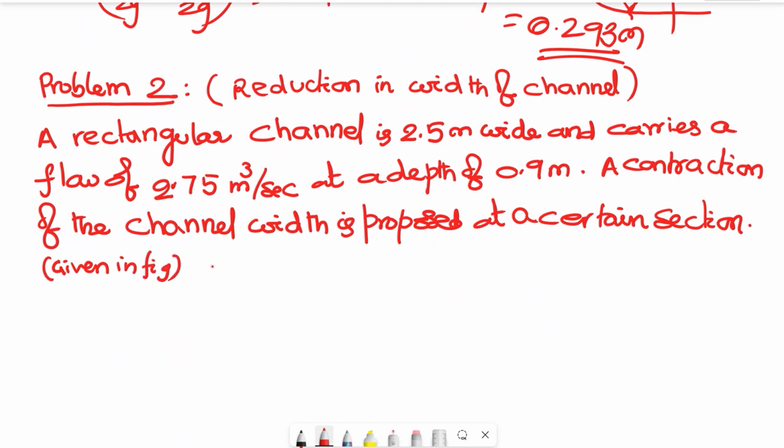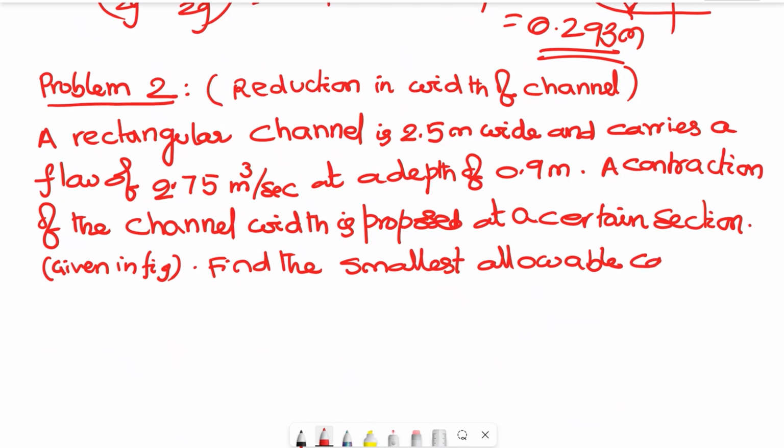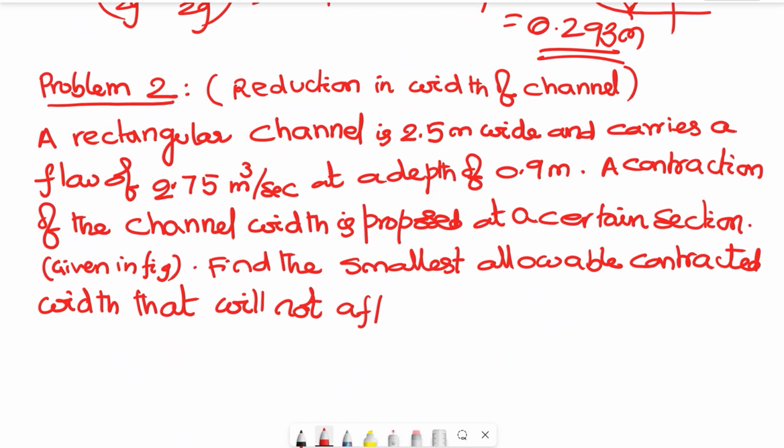Find the smallest allowable contracted width that will not affect the upstream flow conditions.